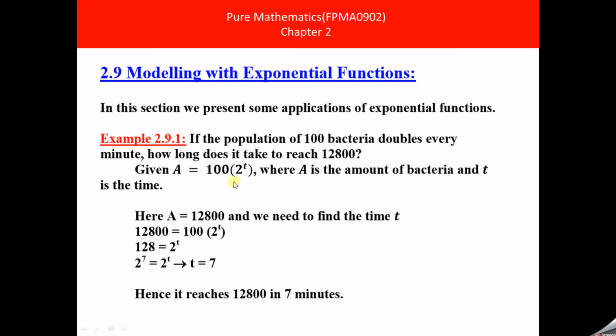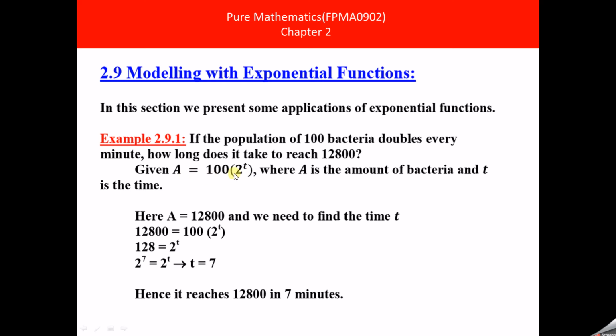Therefore the equation for this population growth is A equal to 100 times 2 power t, where A is the number of bacteria and t is the time. Each time t is increased by 1, we multiply by 2.